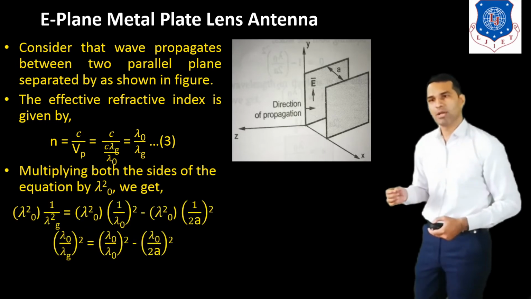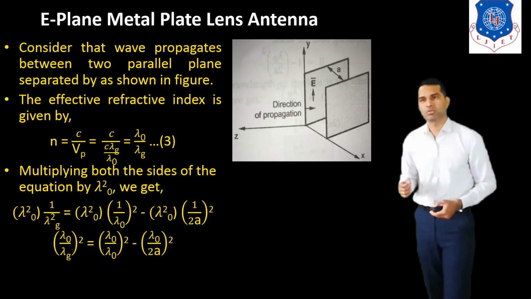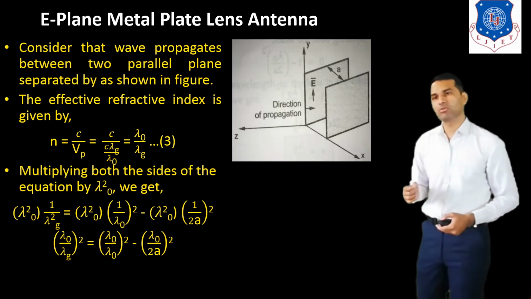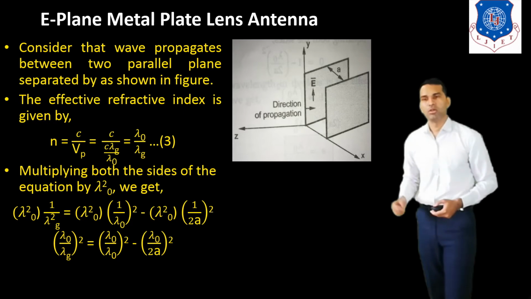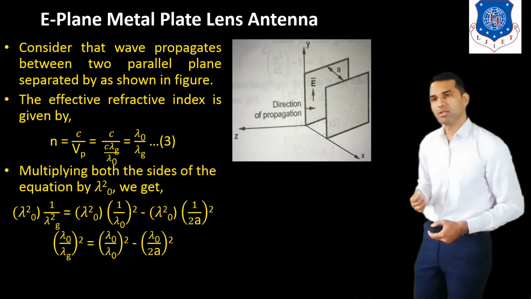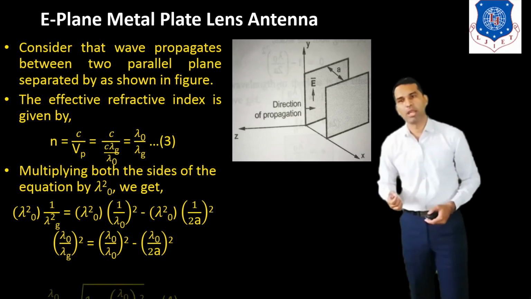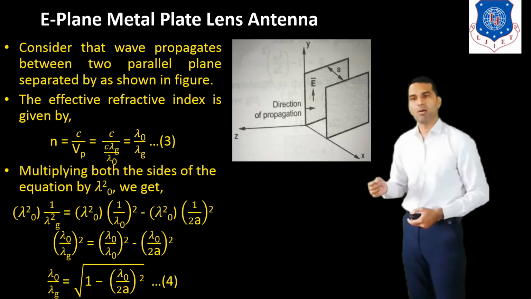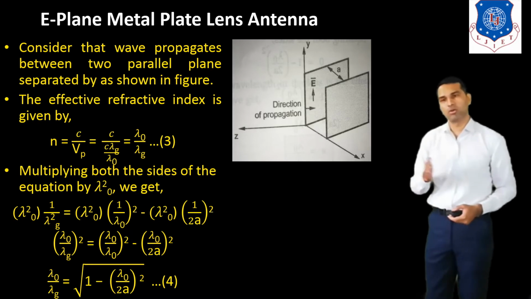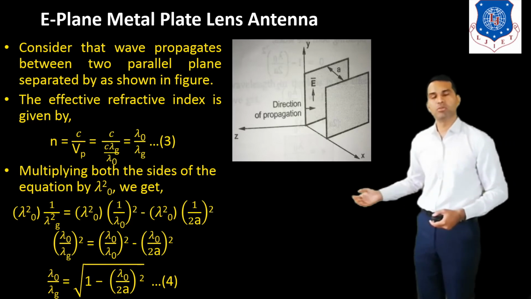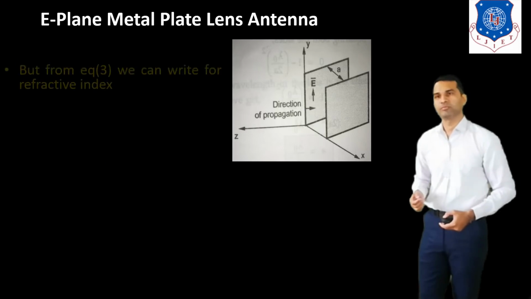So we get lambda 0 square upon lambda g square equals lambda 0 square upon lambda 0 square minus lambda 0 square upon 2a square. When we simplify this, we can write lambda 0 upon lambda g equals under root of 1 minus (lambda 0 upon 2a) square. And we give this as equation number 4.